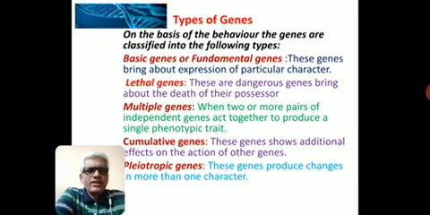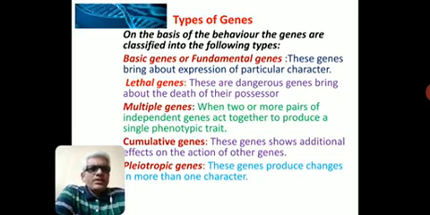If they occur, death may occur in that possessor, or wherever these genes are located they create dangerous problems in the living organism. For example, cancerous cells can be said to be caused by lethal genes.